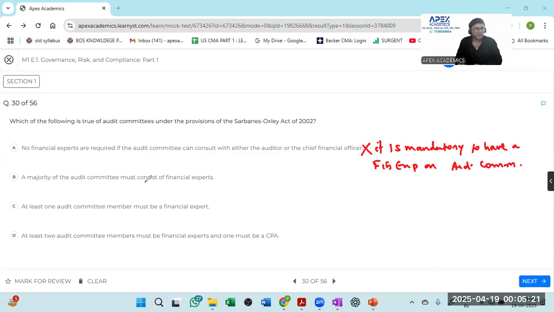A majority of the audit committee must consist of financial experts. No. At least one audit committee expert must be. Yes. At least 2 audit committee members must be financial experts and 1 must be a CPA. No, there is no such thing. So what is your answer? At least 1 audit committee member must be a financial expert. The answer is option C.